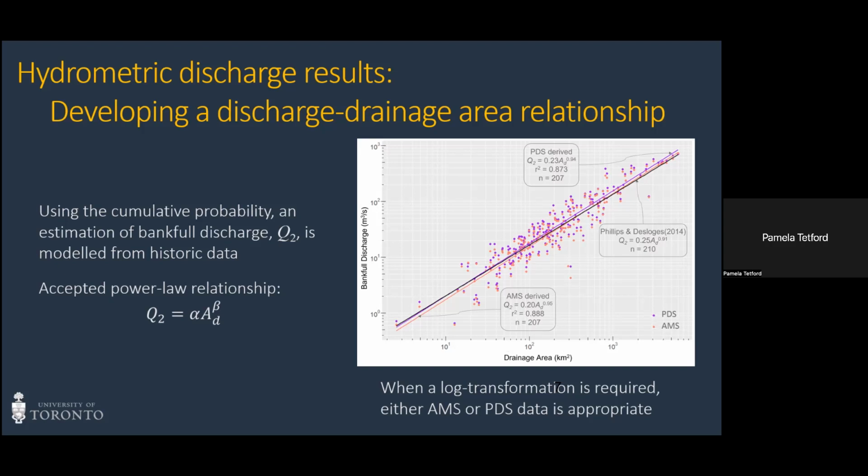So our results were very similar, but what was interesting was, even though the PDS data sets had produced a better fit with regard to the high frequency, lower magnitude floods, once they were logarithmically transformed in order to create this accepted power law relationship, they generally produce the same results. So either the AMS or the PDS data set is appropriate if you are going to be using logarithmic transformation.